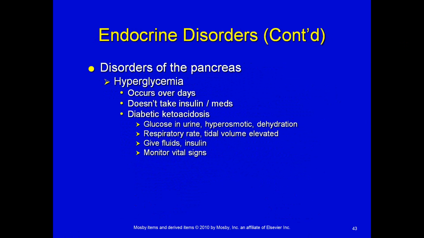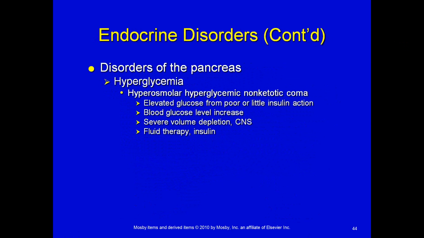They also need to be given insulin, and oftentimes their sugars are high in the 600s, 700s, 800s, so they'll put them on an insulin drip, and they will run the insulin in until the sugar's down to about 250 or so. Then they'll shut the drip off and put them on a sliding scale of insulin. It's very important to monitor these patients, as they also may need things like calcium, potassium, those sort of things, depending upon how depleted their electrolytes were as a result of the dehydration.